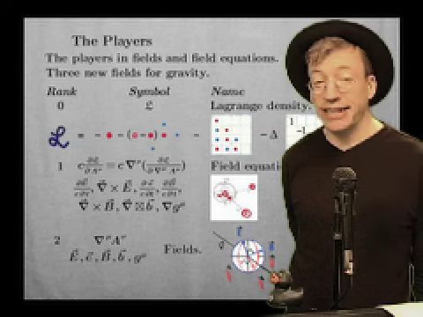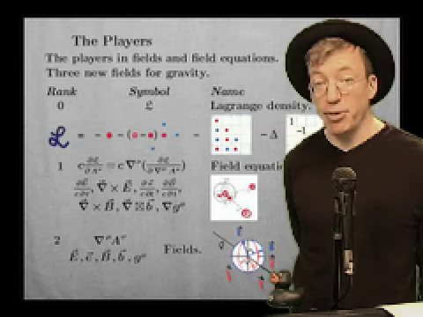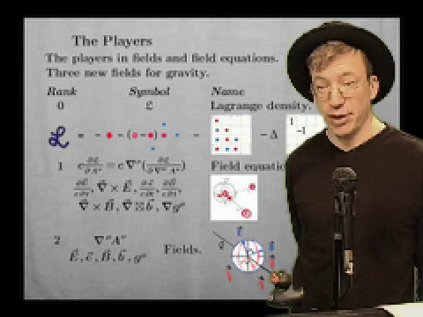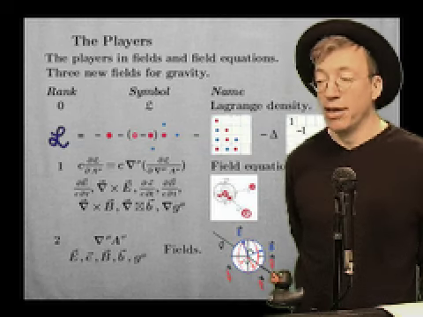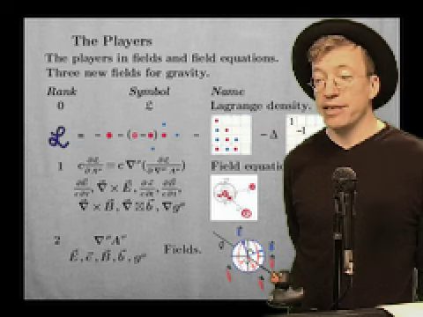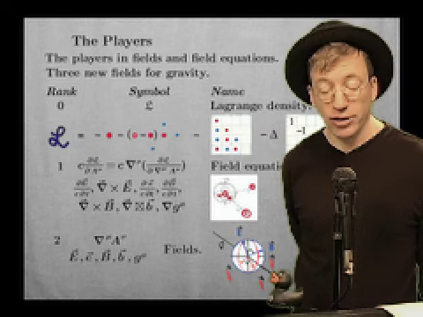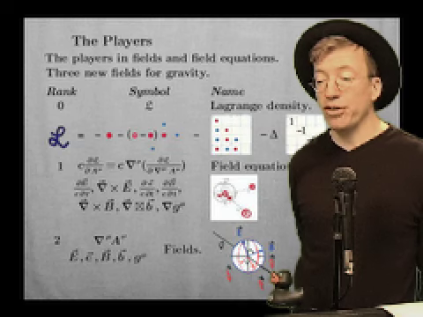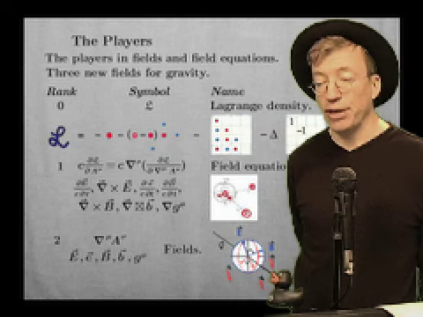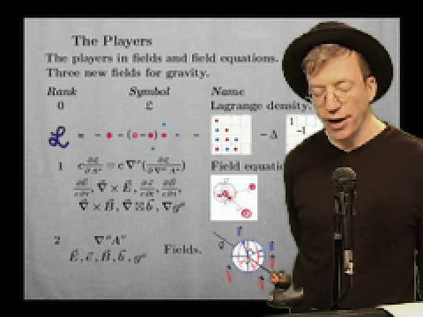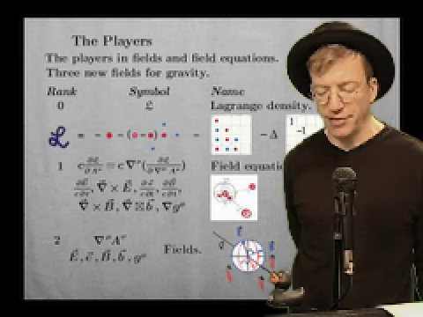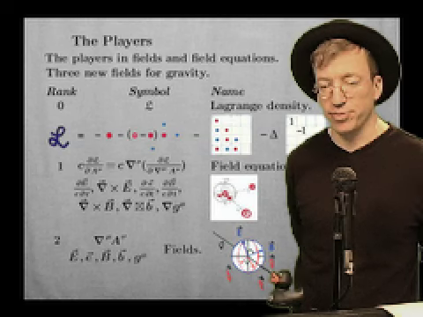There are several different ways to write the same darn thing. There's the Euler-Lagrange equation, which looks kind of scary. Then there is this four-dimensional field equation. And then there is writing this four-dimensional field equation as a product of a bunch of things having to do with the fields themselves.